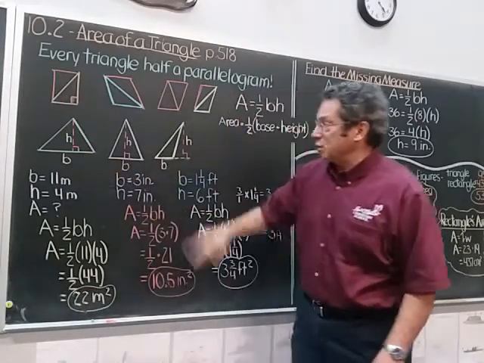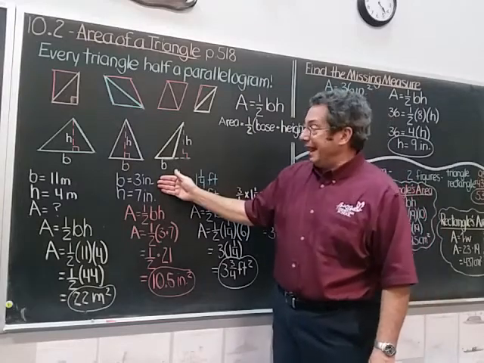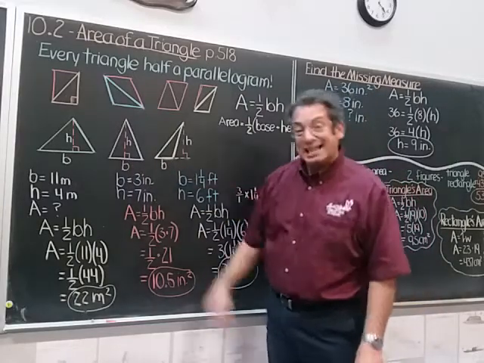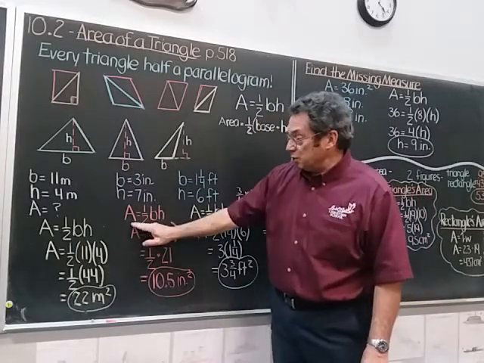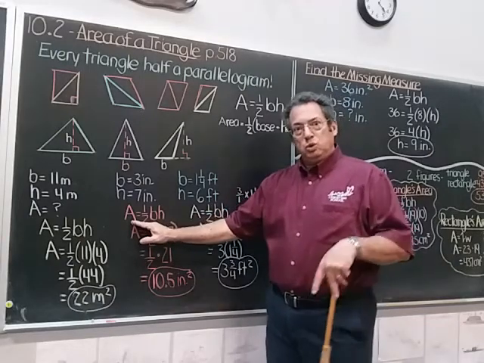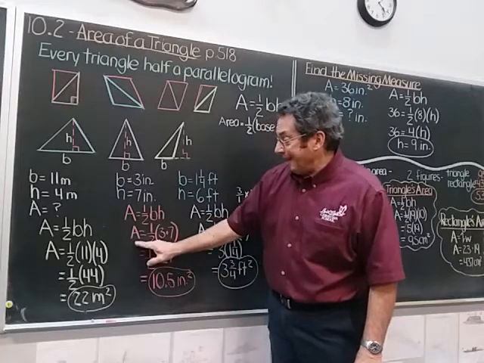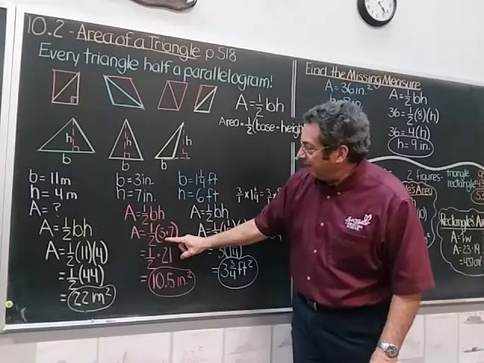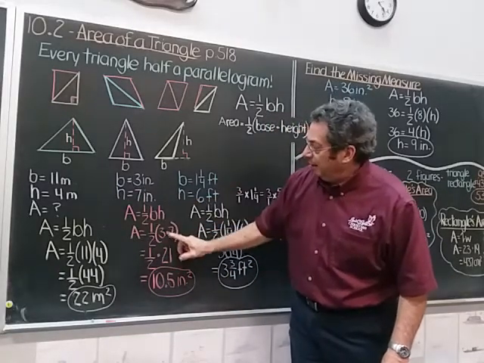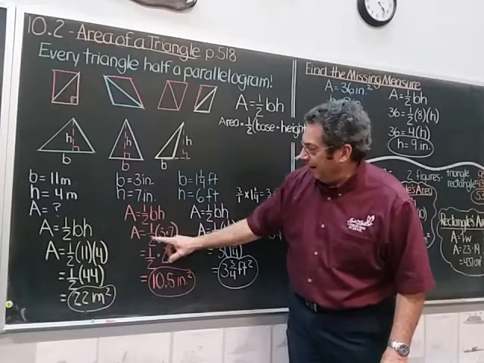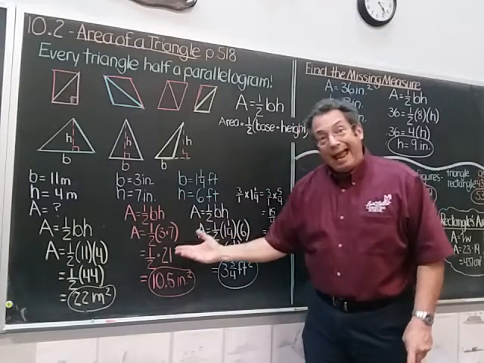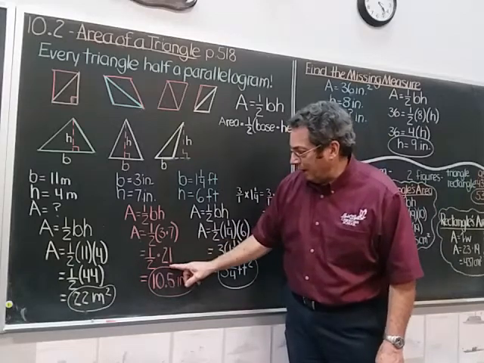All right, let's go to this one. Here, let's say I have a triangle that has a base of 3 inches and a height of 7 inches. Okay, so let's write the formula. Begin. Area equals 1/2 base times height for the area of a triangle. So I write the numbers in now. Area equals 1/2, the base is 3, the height is 7. All right? So the area equals 1/2 of 3 times 7, which is 1/2 of 21.